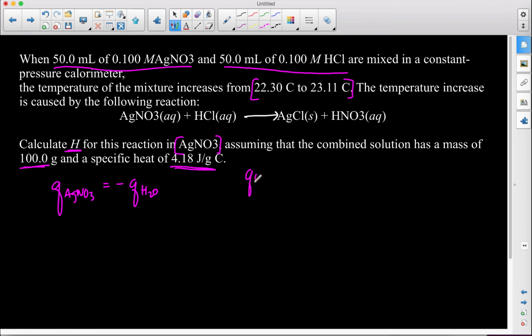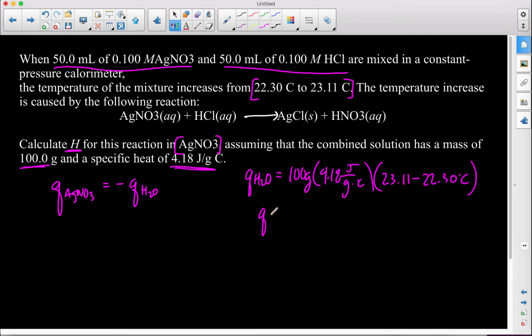Now let's go ahead and calculate the Q of my water. Q of my water is equal to mass times C times delta T. So the mixture increases from 22 to 23.11, so 23.11 minus 22.3 degrees Celsius.